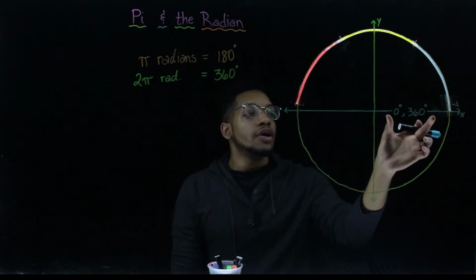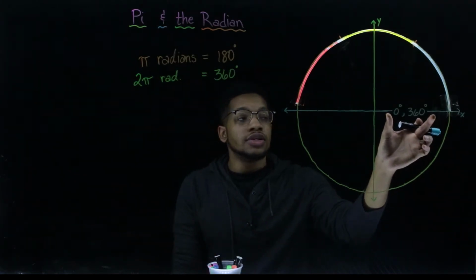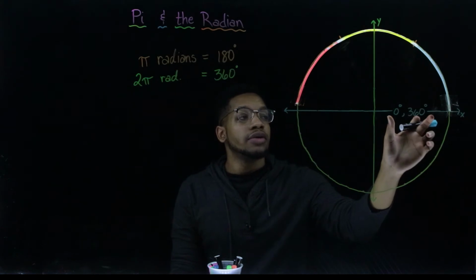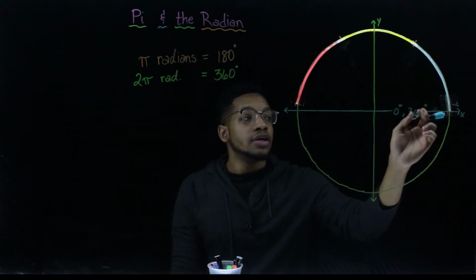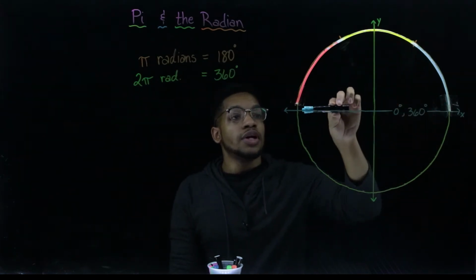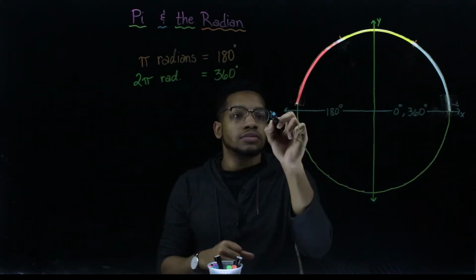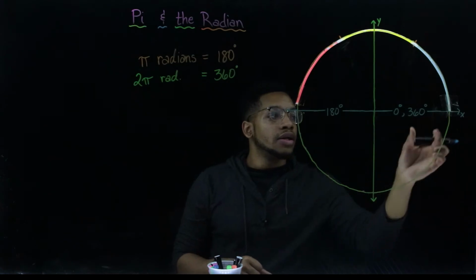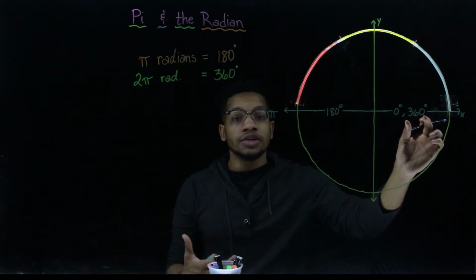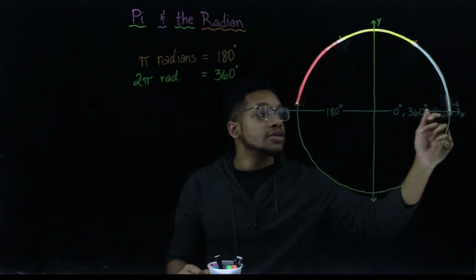All right, so if I start right here, that's 0 degrees, and if I go all the way around, that's 360 degrees. So I know 180 degrees is equivalent to pi radians. And that means that 360 degrees is going to be double that, or 2 pi radians.